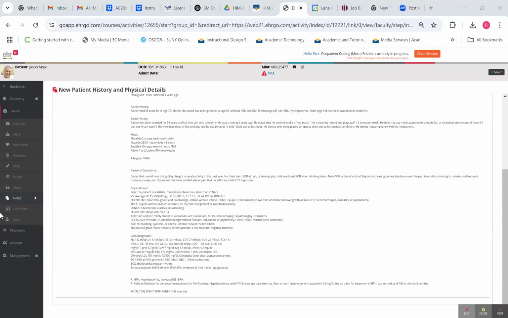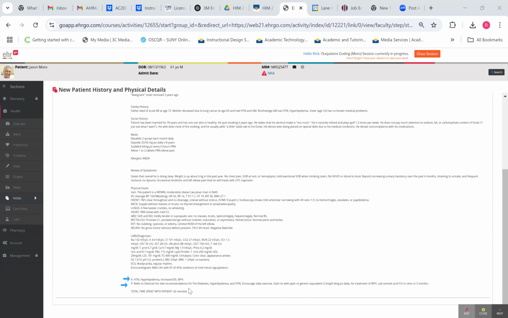Now we get to the assessment. Hypertension, hyperlipidemia, increased blood sugar, which is the BS, and the BPH for the enlarged prostate. The plan: refer to dietitian for diet recommendations for prediabetes, hyperlipidemia, and HTN.